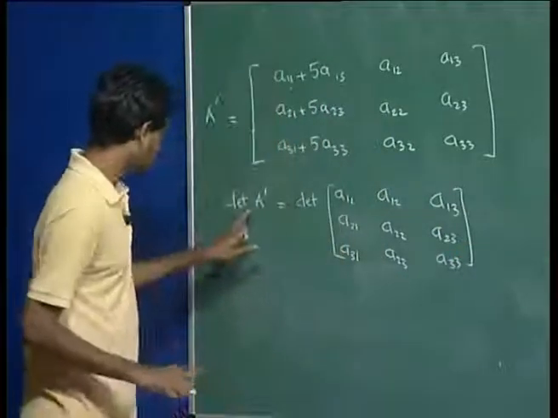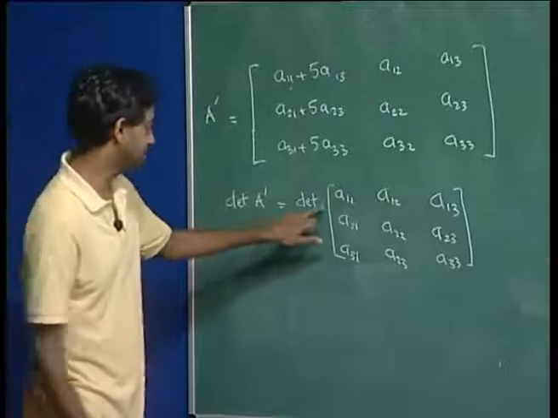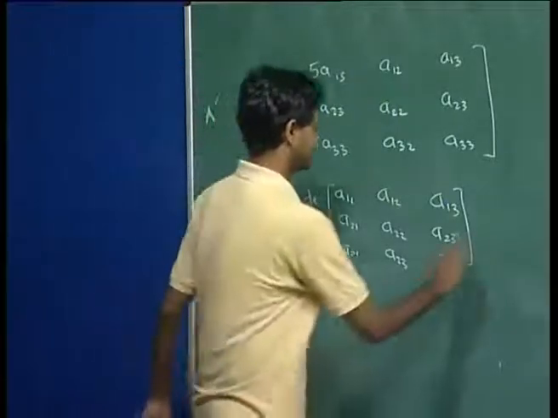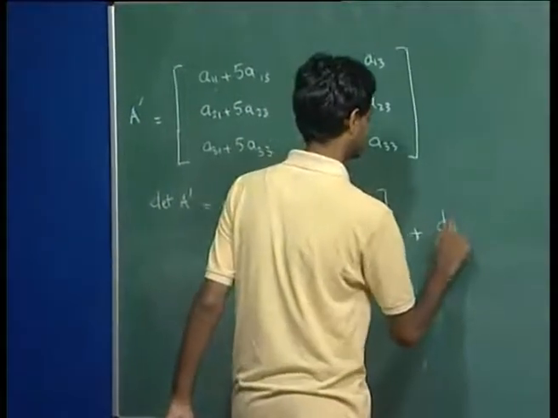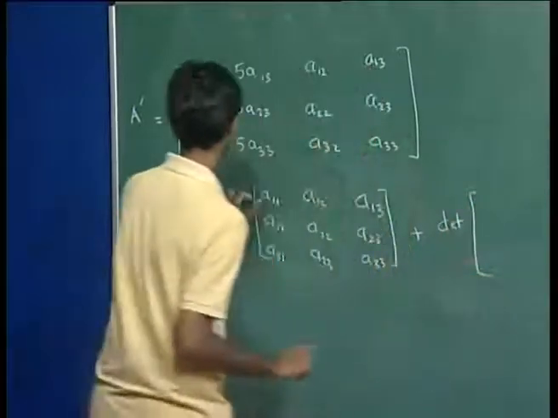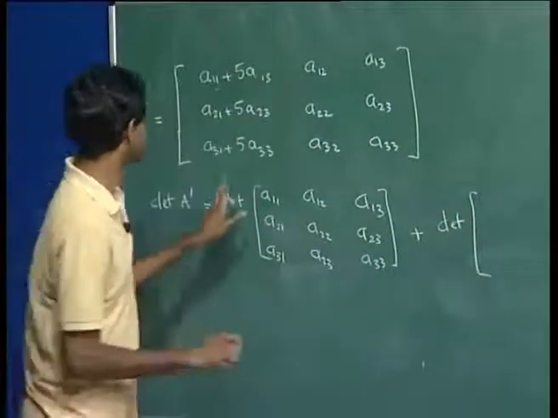So the determinant of A prime is the determinant of this matrix, which is just A, plus the determinant of this other matrix.